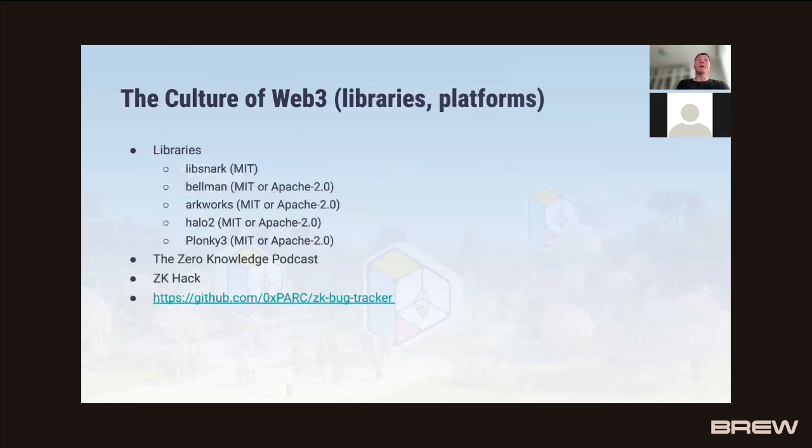Yeah, so it's not only about collaboration, it's also about the libraries. There are tons of libraries for several tools like Leap, Snark, Benmar, Markwork, Schedule, Cool, Plotly, Free. What's really important is that all these libraries are licensed under permissive licenses, MIT or similar.